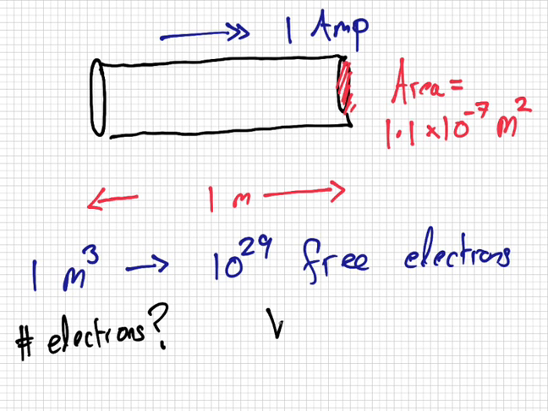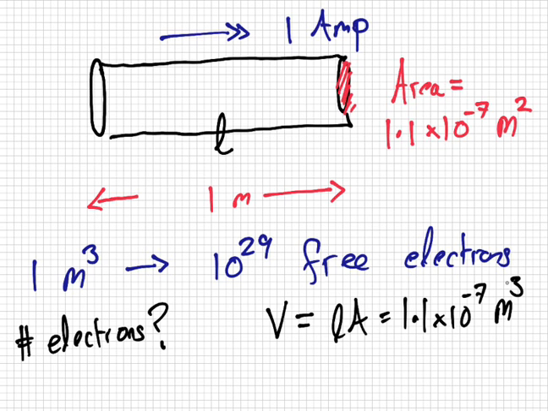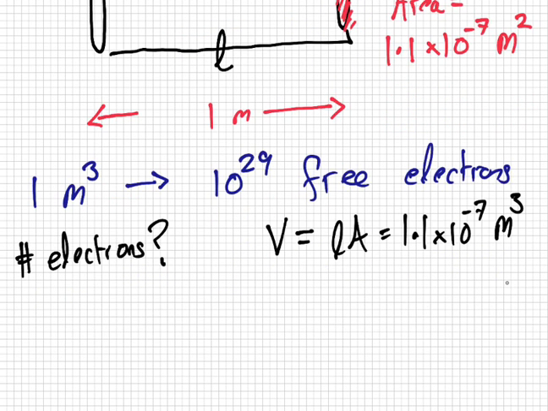So volume. What does volume equal? Well, it'll be the length multiplied by the area here. And that's easy because I made this number here 1. So 1 multiplied by this number, that'll be 1.1 times 10 to the minus 7 meter cubed. Okay, so we have 1 meter cubed equals this.